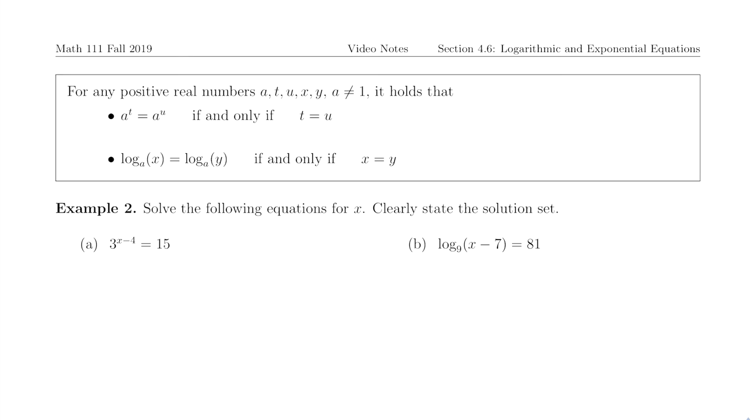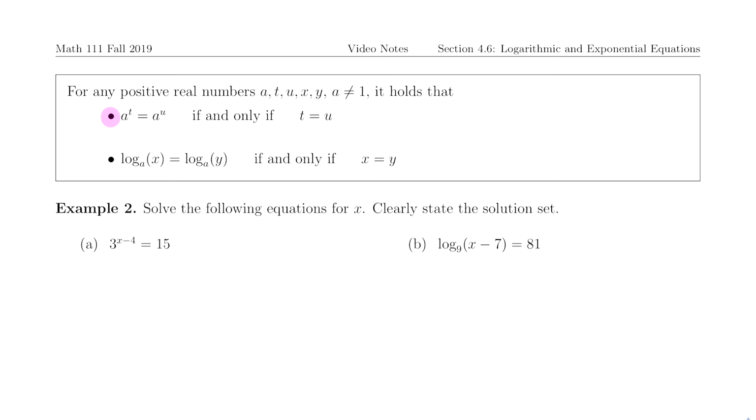And so the first one is this first bullet point: when two exponential expressions are equal to each other, and their bases are the same, that requires that the exponents are the same as well.